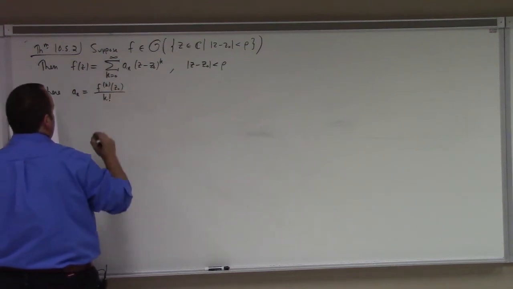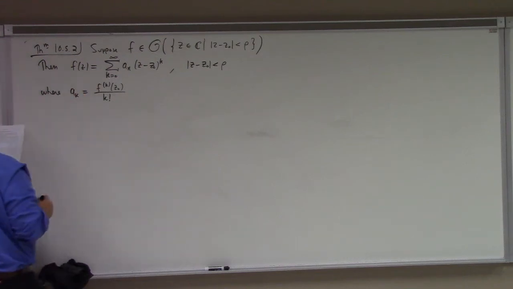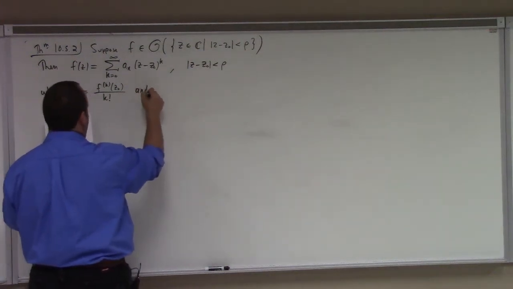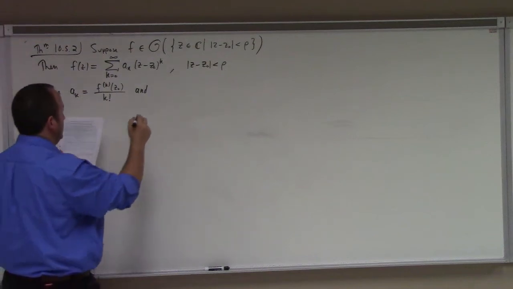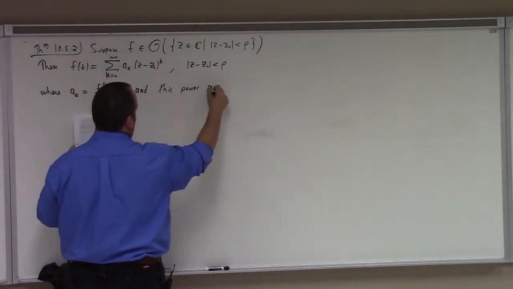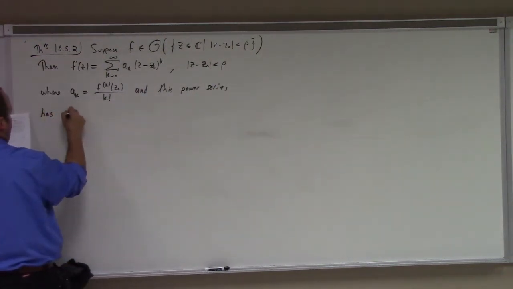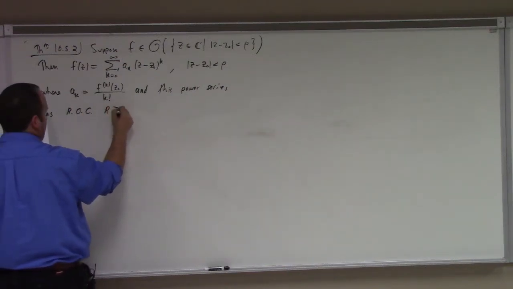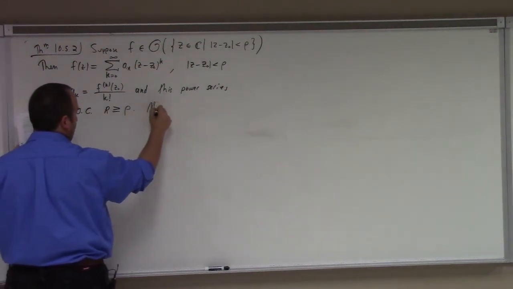In other words, a sub k is given by the usual Taylor formula, right? And this power series has radius of convergence r, which is greater than or equal to rho.